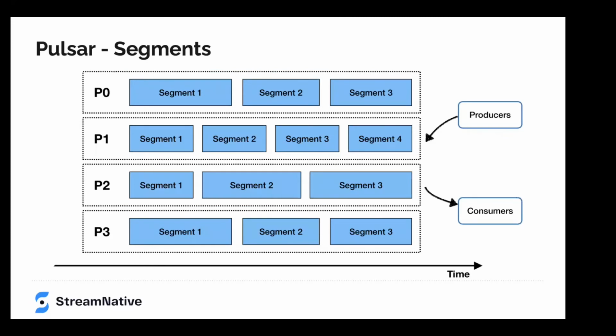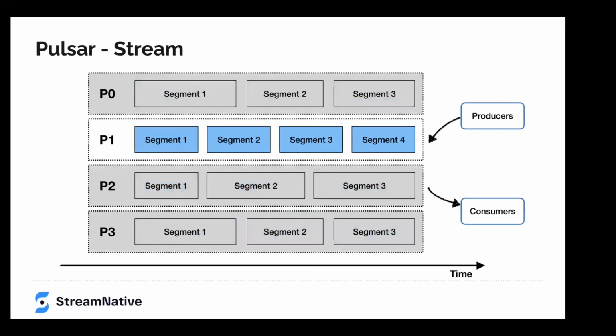As we learned from the previous slide, a segment may be in the tiered storage, in the bookies, or in the brokers, depending on how mature the segment is. If a consumer or producer is interacting with a partition, it will just interact with the most recent segment. For any other reading request, we fetch data from the older segments stored in different places.